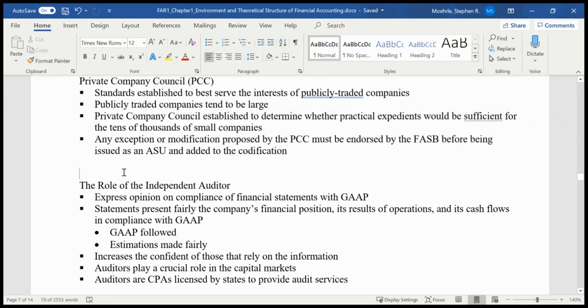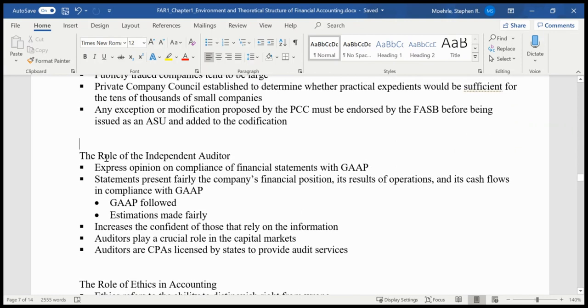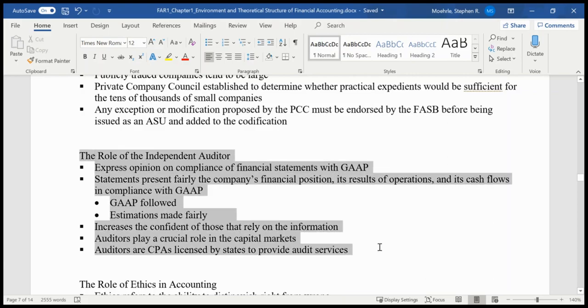Okay, now let's look at the role of the independent auditor. Remember, we introduced the independent auditor in the schema that we developed in the last video. The role of the independent auditor is to express an opinion on the compliance of the financial statements with these generally accepted accounting principles.